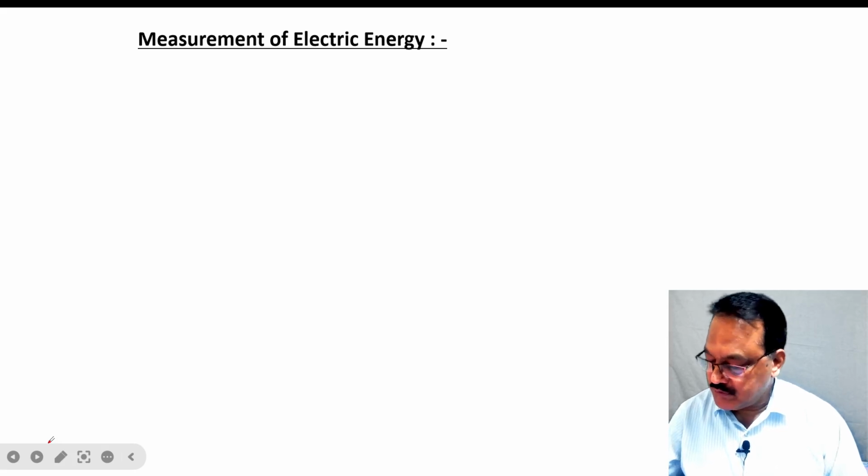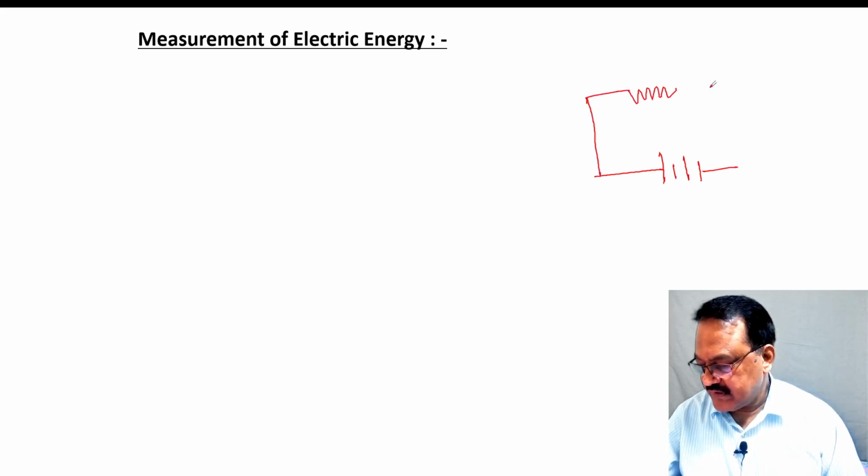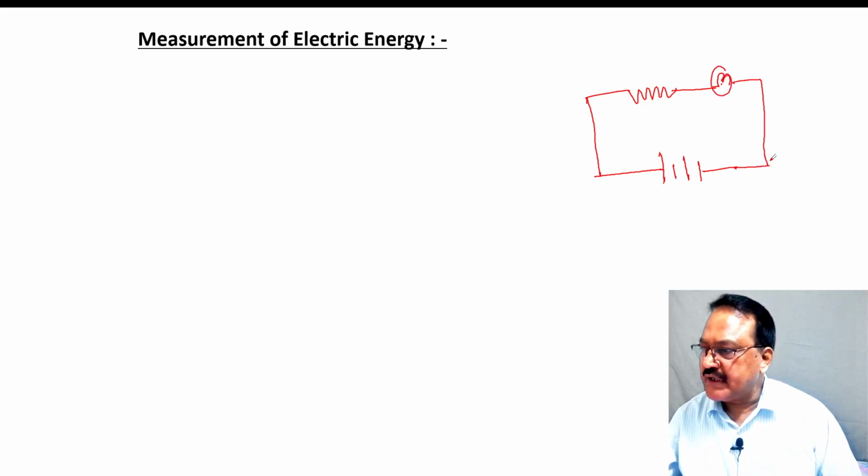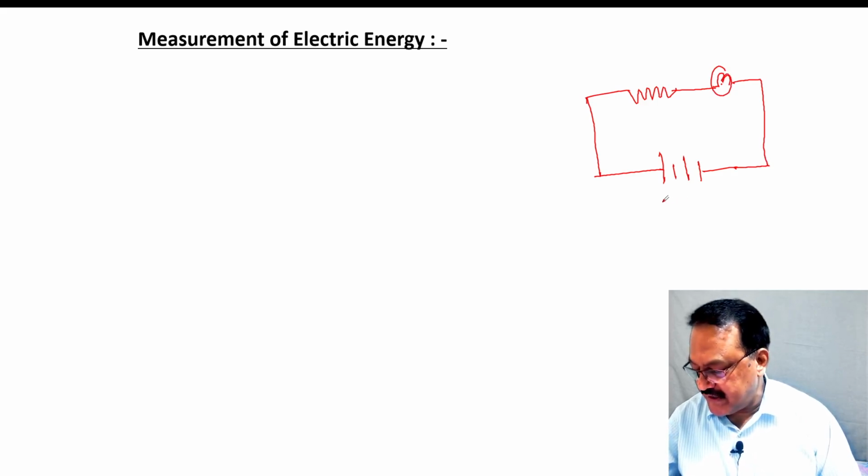Now let us see how to measure electric energy. Let us suppose we have one electric circuit. This is the resistor. In the same way we have connected a bulb in this circuit, and the potential difference across this battery is, let us suppose, V.